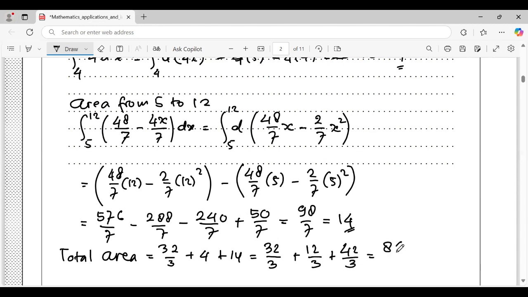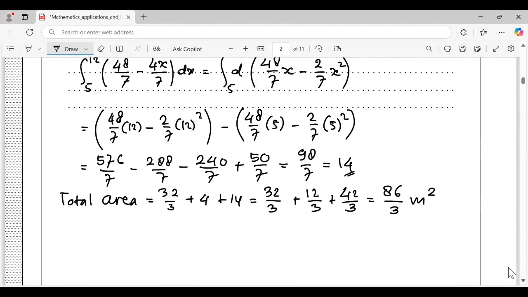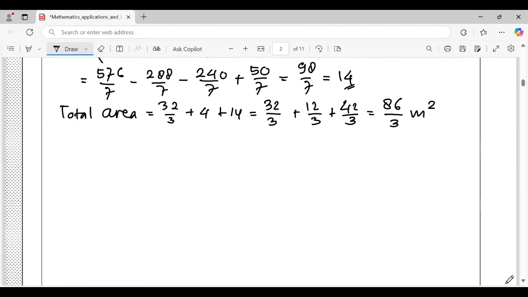It is 86/3 square meters. Okay. Oh, yeah, I have to continue with the decimal, sorry, because we need this information. And the decimal is 28.666 square meters. Yeah, because we need this information.